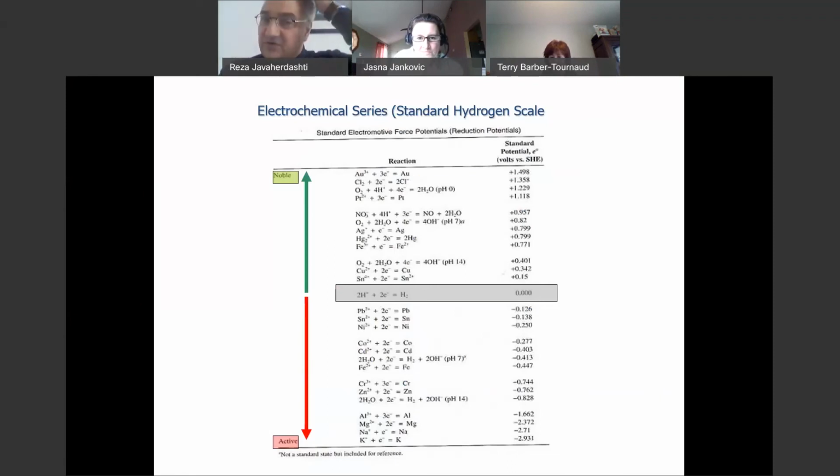The electrochemical series, or so-called standard hydrogen scale, is useful, but it doesn't have much value for industry because it has to be constructed under standard conditions, such as a temperature of 25 degrees C, atmospheric pressure of 1 atmosphere, blah, blah, blah, that most of the time are not reachable in industry.